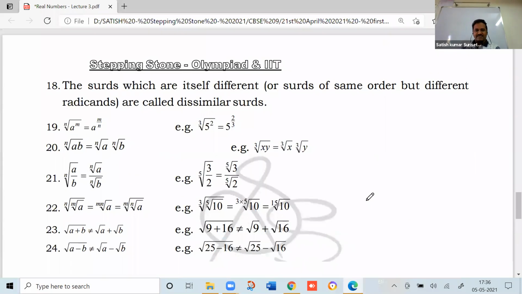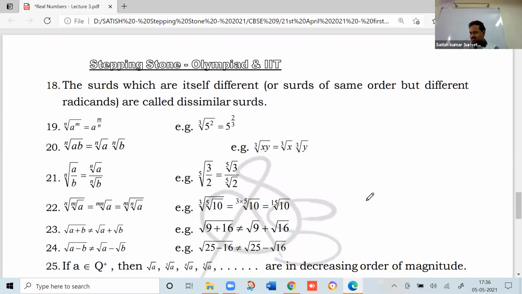Next. Surds of the same order but different radicands are called dissimilar surds. Suppose I consider root 2 and root 3.